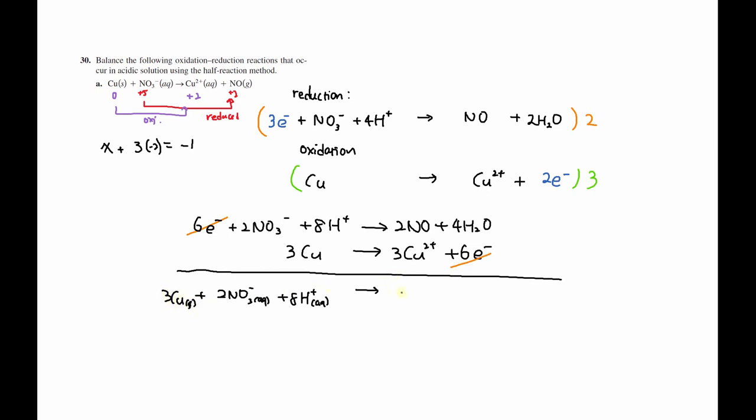On the product side, we have 2 nitrogen monoxide, and this is in the gaseous form, 4 water liquid, and finally 3 copper 2 plus ion. So that's how you balance it out. So this is the final answer for this problem.